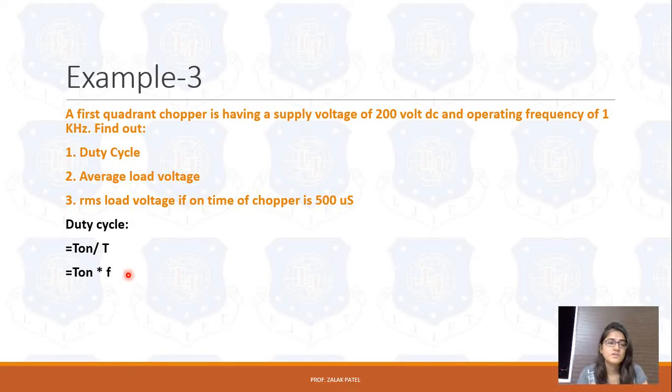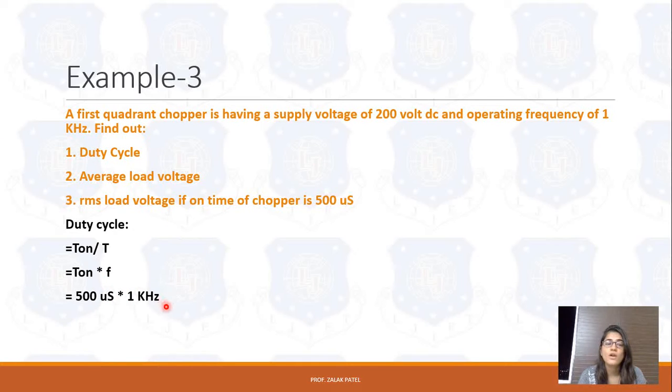Now, this T on into 1 upon T, but 1 upon T is nothing but frequency, because inverse of time means frequency. So we can write this equation as T on into frequency. Already the on time is given, 500 microsecond, and the operating frequency is 1 kHz.